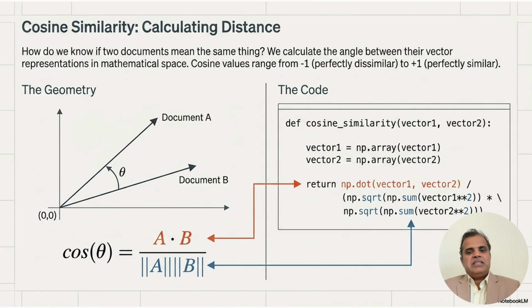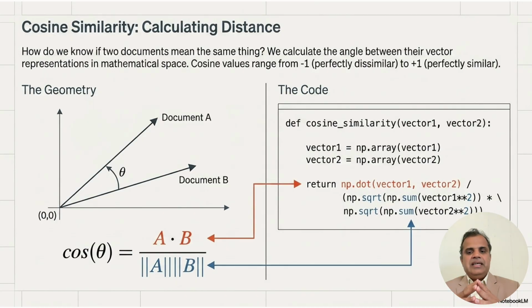Once our documents are vectors, we can calculate how similar they are by measuring the angle between them. This is called cosine similarity. If two vectors point in the same direction, their cosine value is +1, meaning they are perfectly similar. If they are exactly opposite, the value will be -1, as you can see in the formula and code.